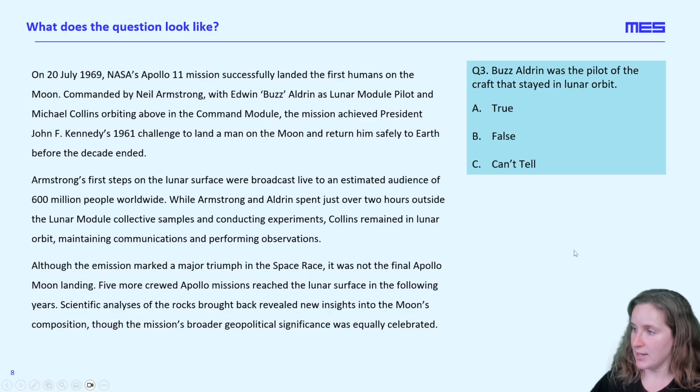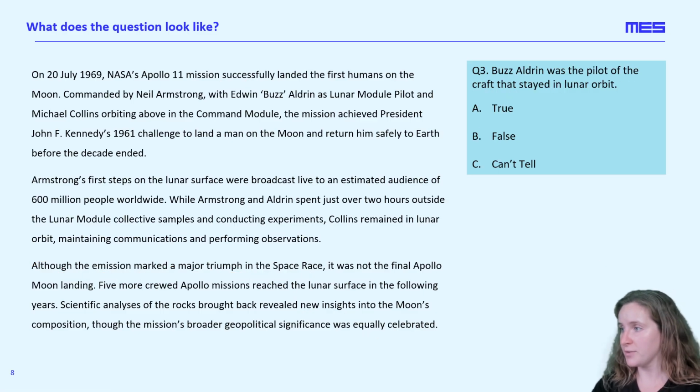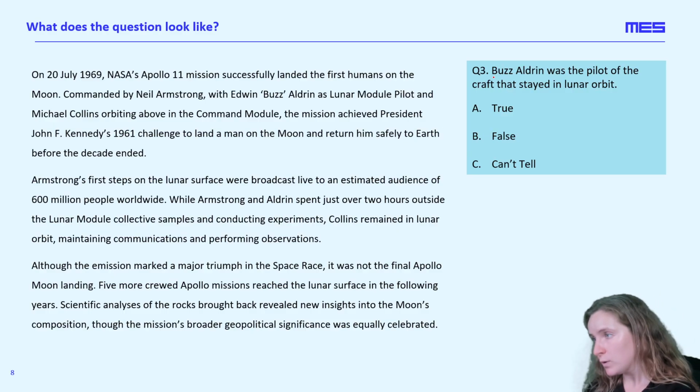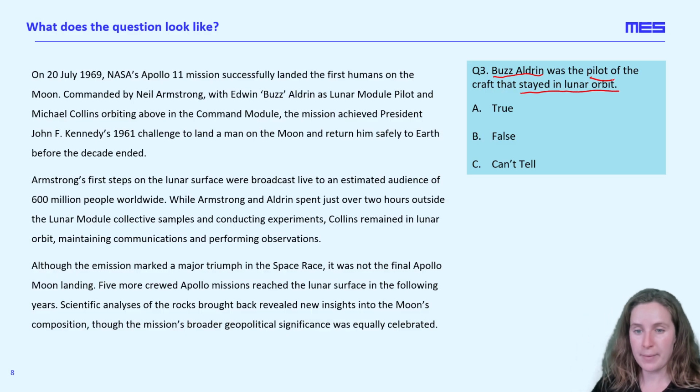Let's take a look at another based on the same passage. Buzz Aldrin was the pilot of the craft that stayed in lunar orbit. Okay, so I'm going to be looking for Buzz Aldrin, pilot, and stayed in lunar orbit. And again, any information we know about the moon landing is left at the door, only here.